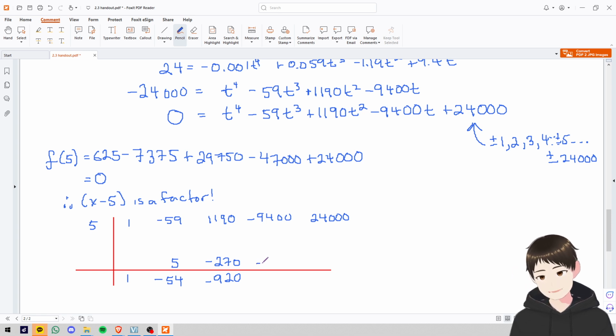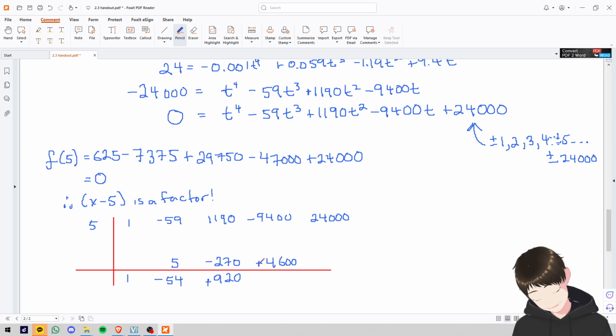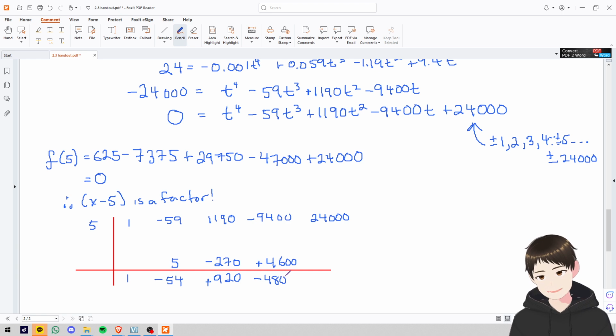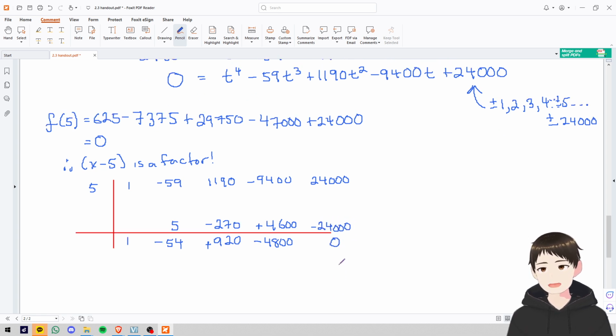Multiply, negative 4600. I'm doing something wrong again, aren't I? That's positive. Oh gosh. And then when you multiply, that's a positive. So 9400 minus, that would be a negative 4,800. And when you multiply, it is negative 24,000, which gives me a remainder of 0.